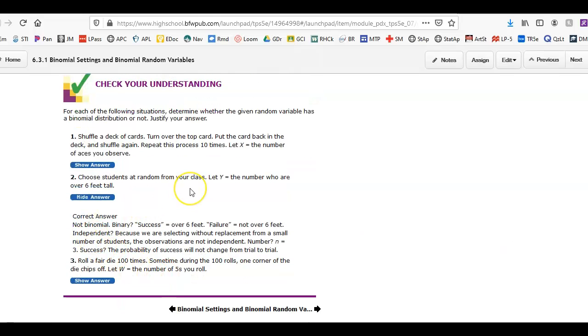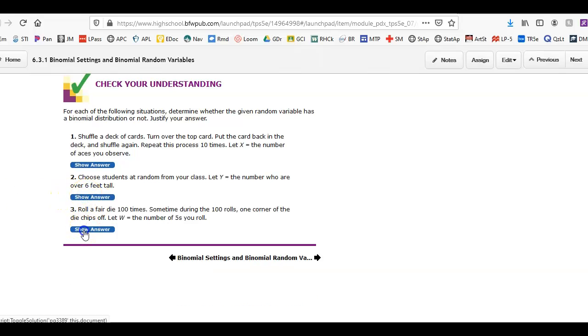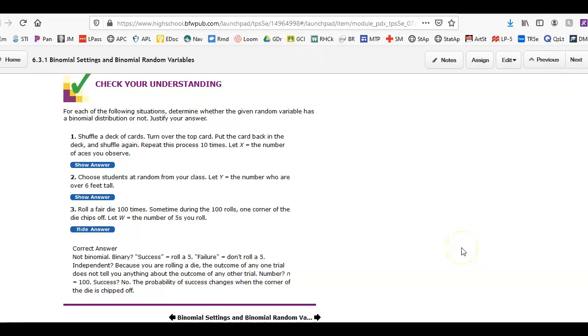You could have success being over 6 feet tall, failure being not over 6 feet tall, but you're selecting without replacement, so you're not going to have independence here. And the third one is not binomial because the probability of success is changing once one of the corners of the die chips off.